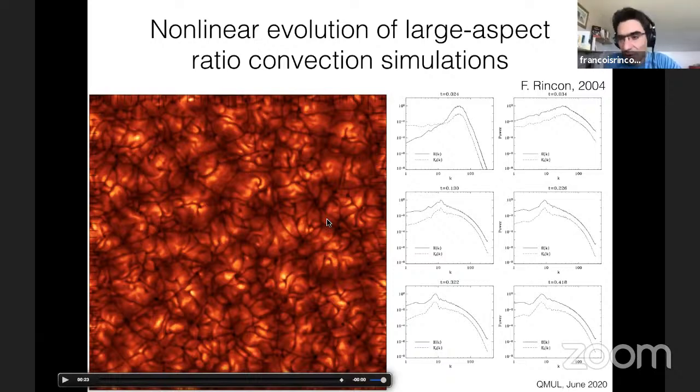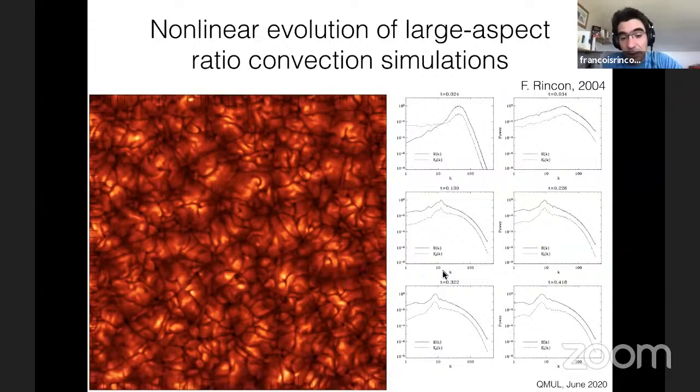So in recent years, I've come to revisit this interpretation of this simulation because there have been many more simulations by other groups, which now show that all of them have this dual scale thing going on, with some nonlinear organization of the flow at larger scale.